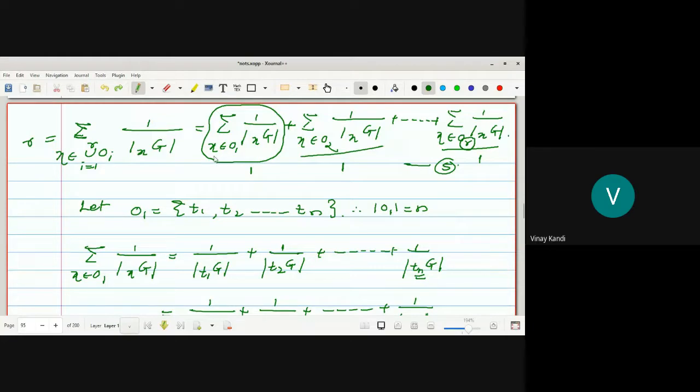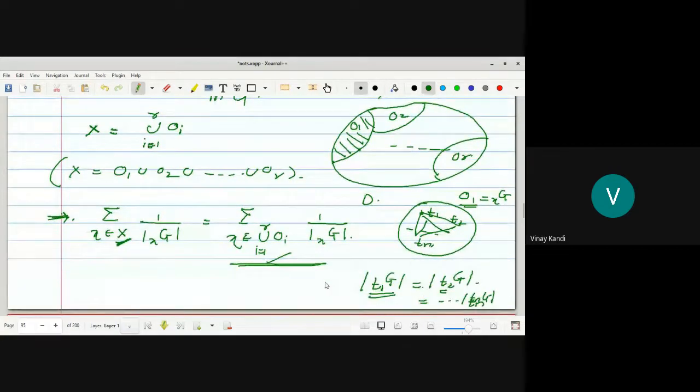So run this summation for the n elements T1g, T2g, up to Tng. What is the T1g? T1g is the set of those elements related to T1, T2g is the set of those related to T2, the ordered pairs.